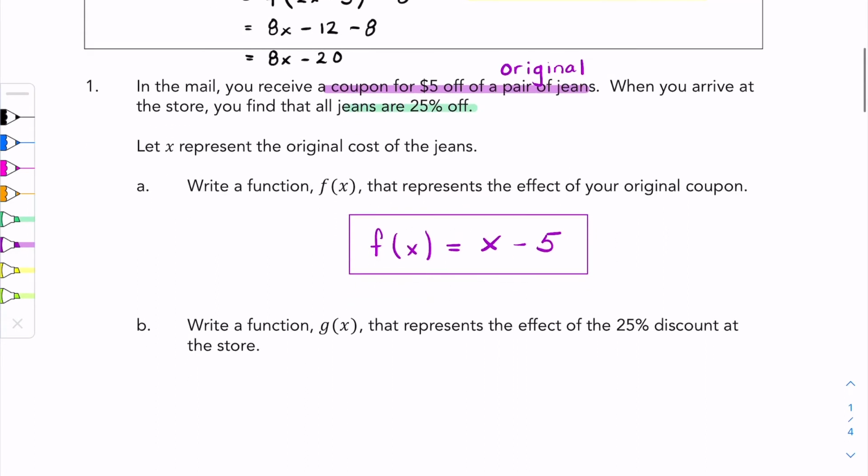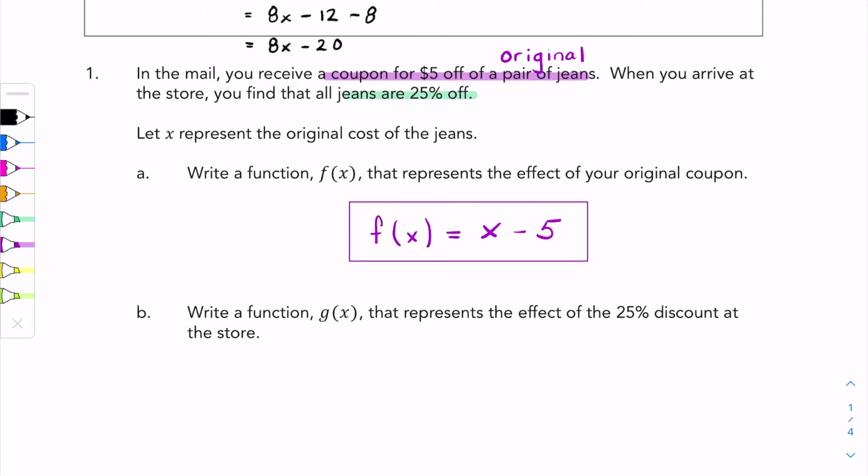The next part says to write a function g of x that represents the effect of the 25% discount at the store. If you are representing a 25% discount, that means you're paying for 75% of the jeans. 100% minus 25% is equal to 75%.